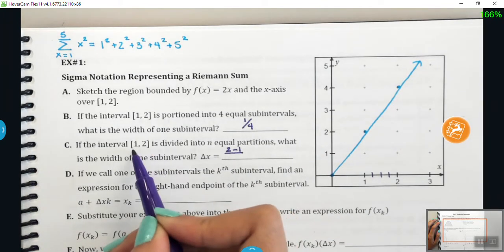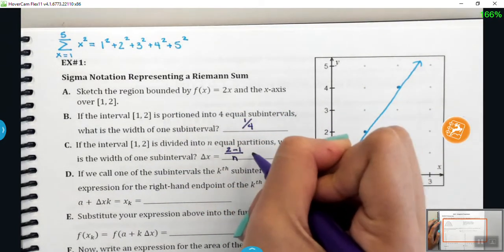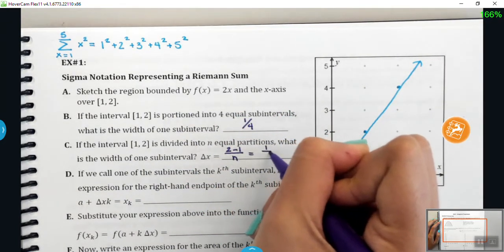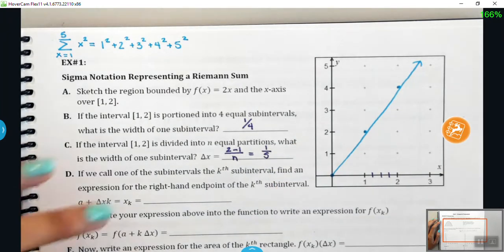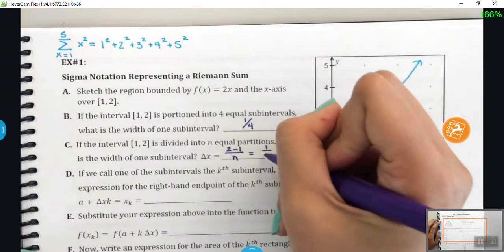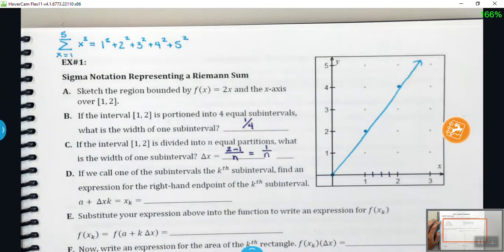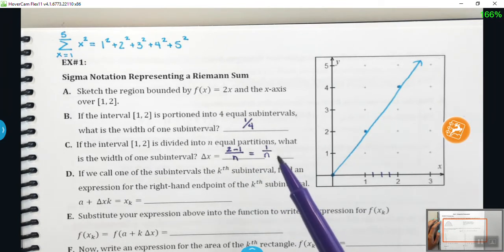The b minus the a over how many partitions you want. We want n partitions. So it would be 1/5. Or sorry, not 1/5, guys. 1 over n. So if I wanted 5 equal partitions, each width would be 1/5. If I wanted 7 equal partitions, each width would be 1/7, right?